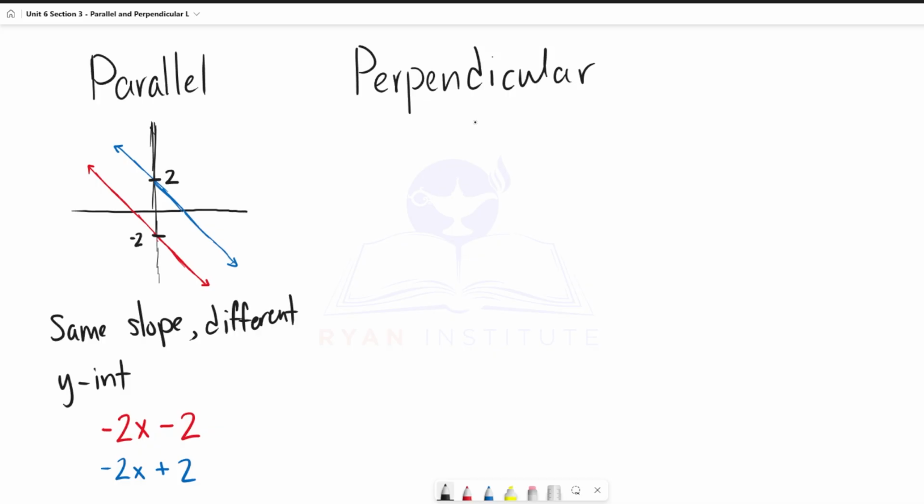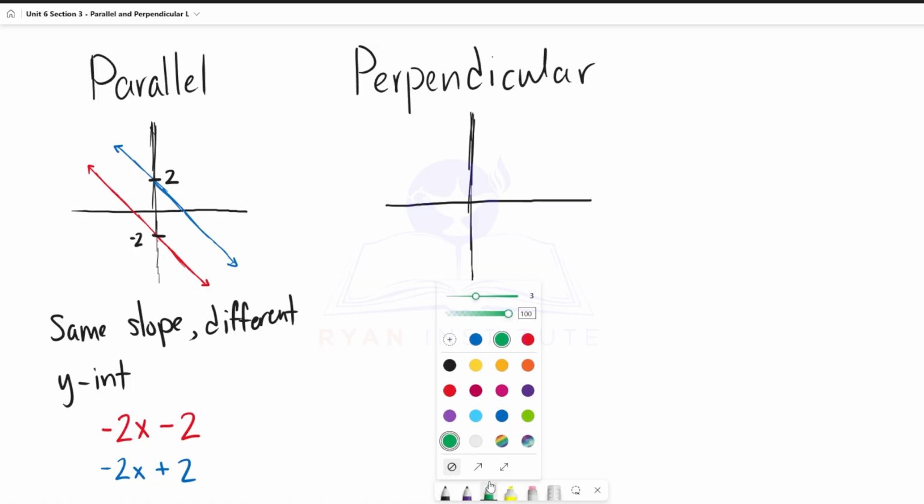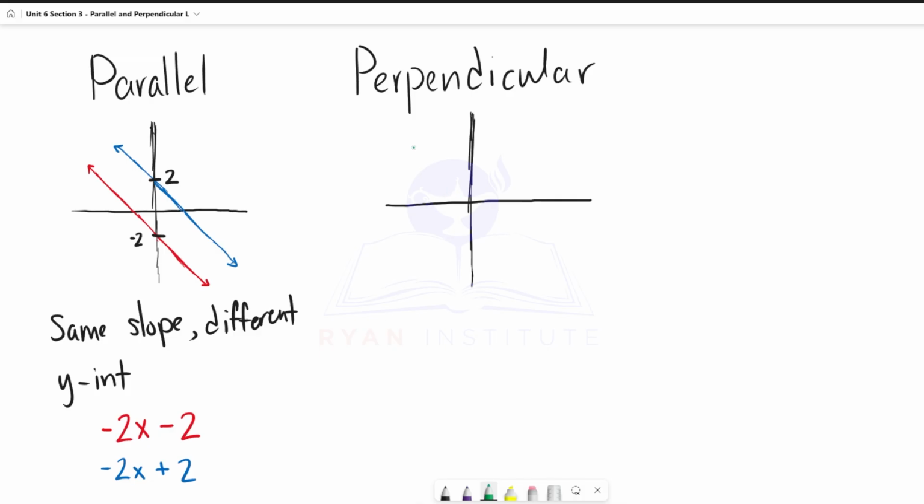Now let's talk about perpendicular. Perpendicular lines, and we'll make it easier on me, perpendicular lines, they intersect at a point, but it's a key note that when they intersect, they intersect at a right angle, so at a 90-degree angle.